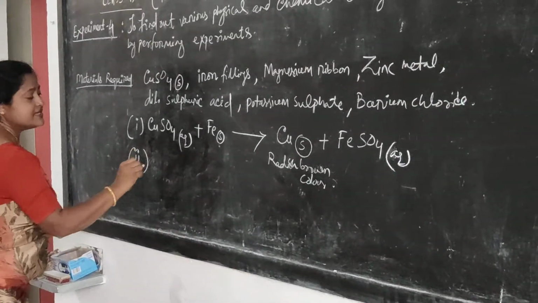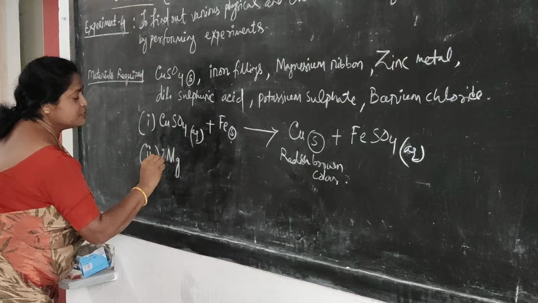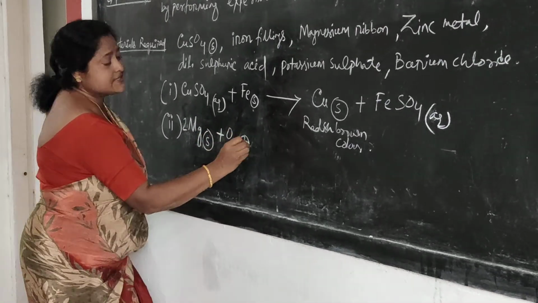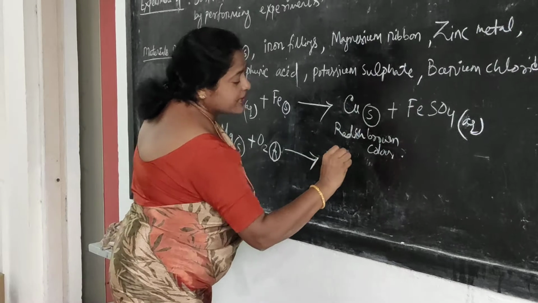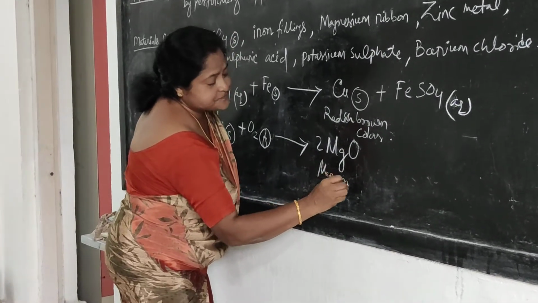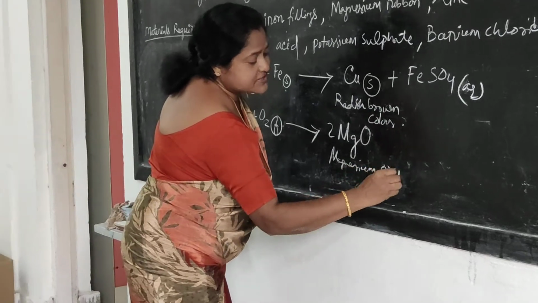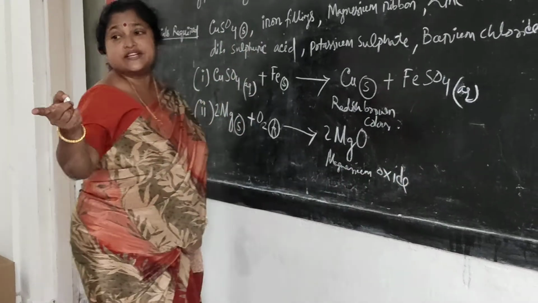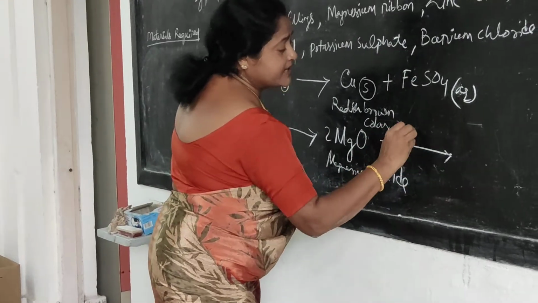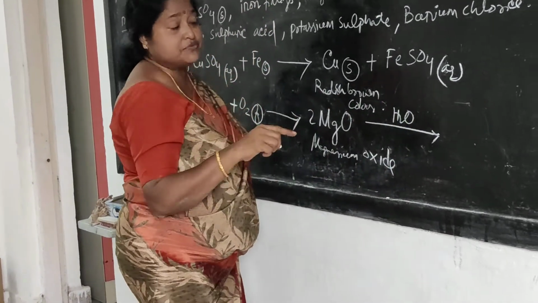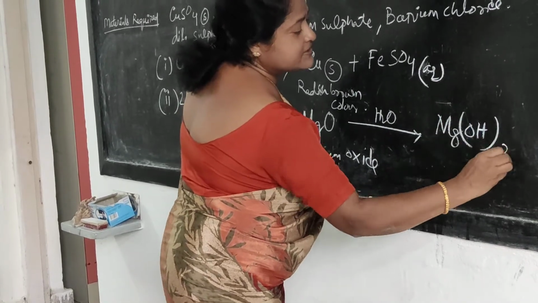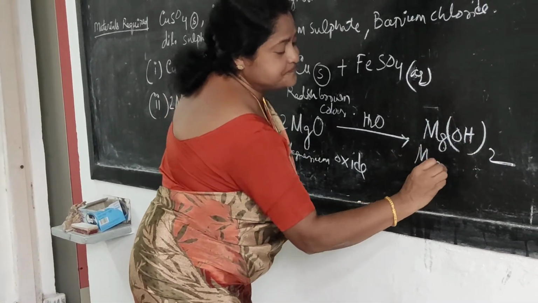I will show the reaction, students. It is a chemical change. So solid magnesium, 2Mg, bonds with oxygen, which is a gas, and you are getting 2MgO, magnesium oxide. This white ash of the magnesium is magnesium oxide. When you add water to this and it dissolves, you get magnesium hydroxide.